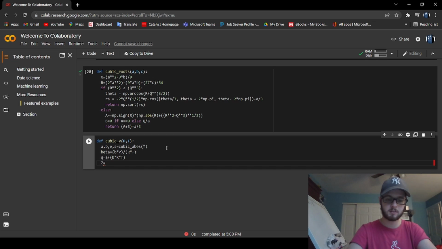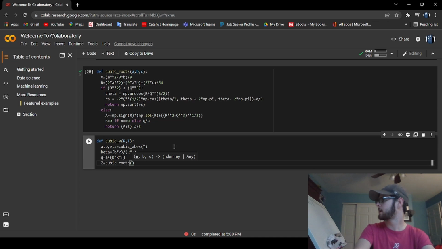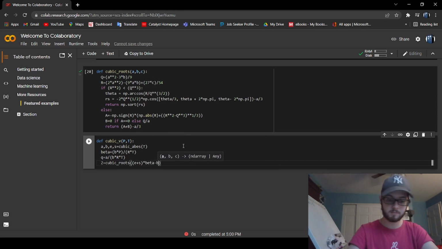and I believe it is, so A is going to be the z squared, which is epsilon plus sigma times beta minus 1. And I think I'm actually going to need a bracket here, but we'll see if I need a bracket later.